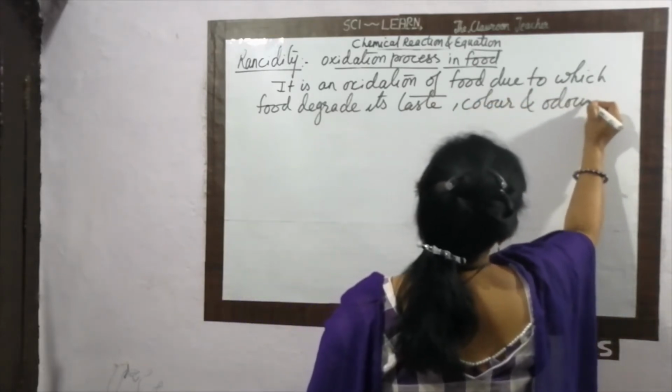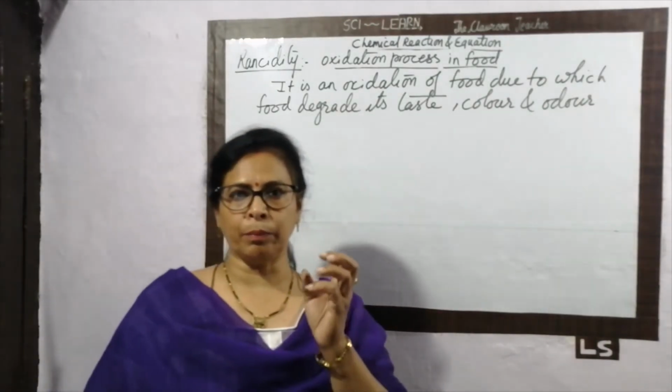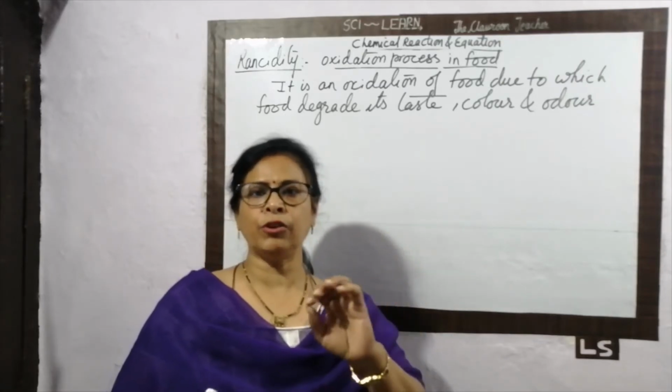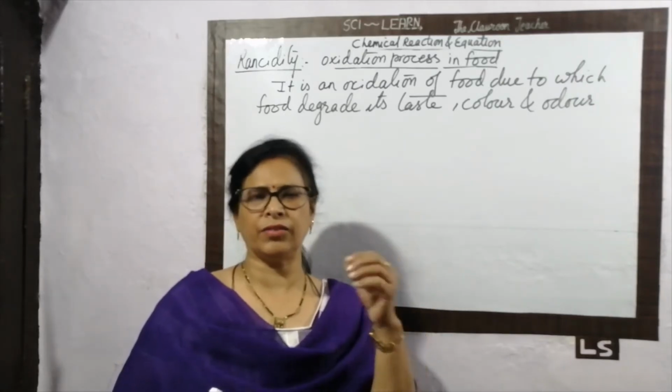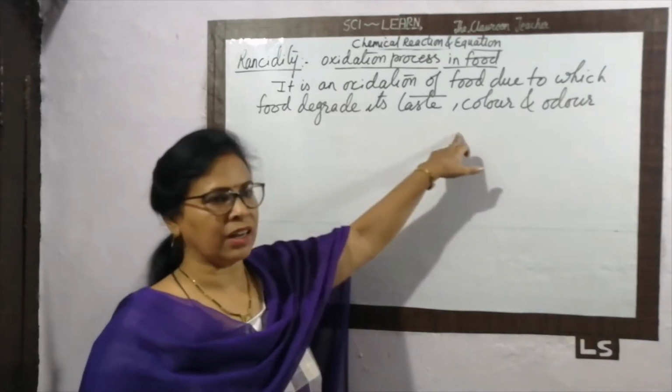Odor is the smell. So what is rancidity? Rancidity oxidizes the food and changes it; lots of changes occur due to this, that is, the change in the taste, color and odor.